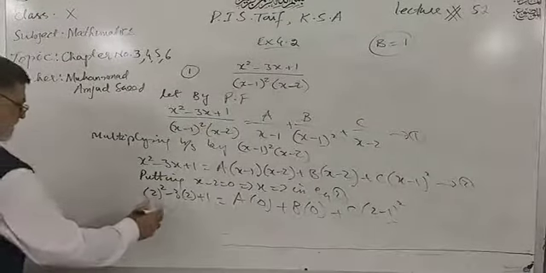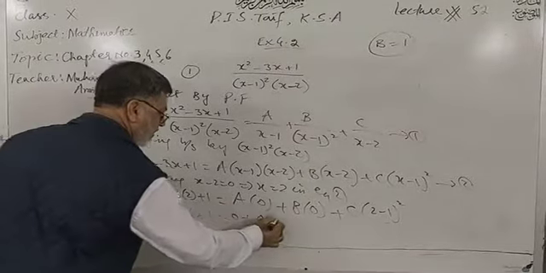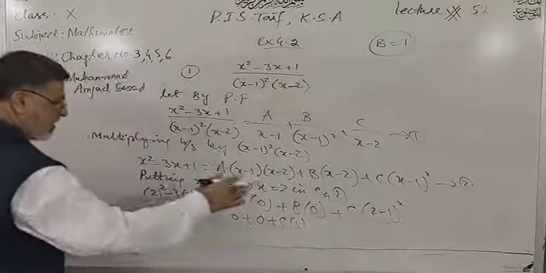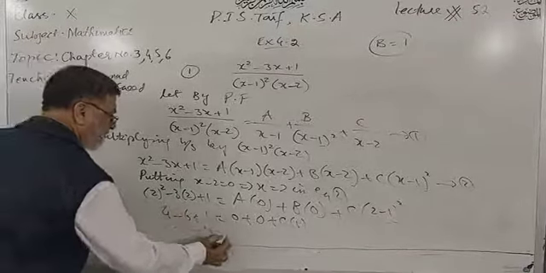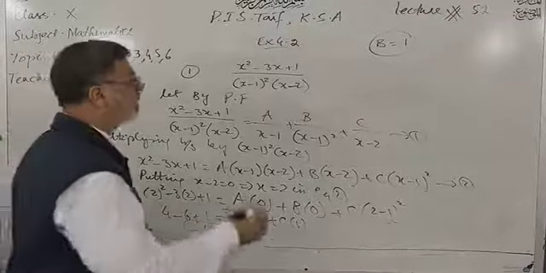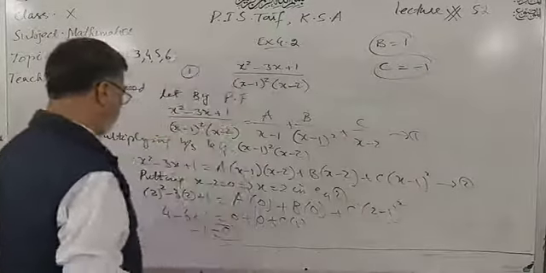This is 4 − 6 + 1, 0 plus 0 plus C(1). 1² is 1. So this is 5 − 6 = −1, C = −1.